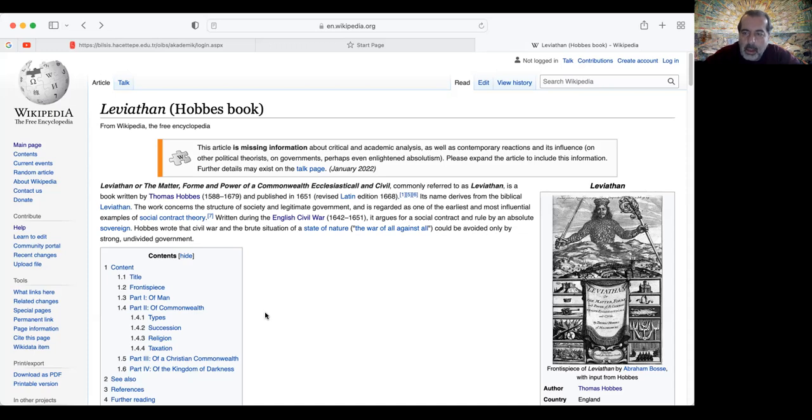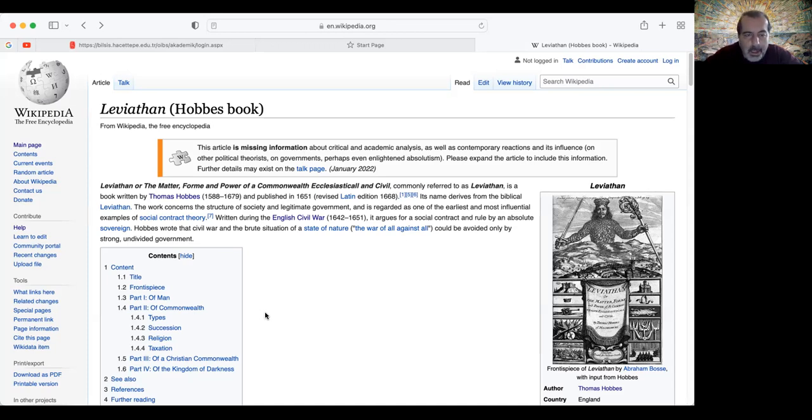He argues that, in the beginning, human beings were living in a state of nature, as he calls it. They were able to do whatever they could do, but the result was anarchy and chaos and so forth. So they came together and devised a contract, a social contract, and this social contract created the state.